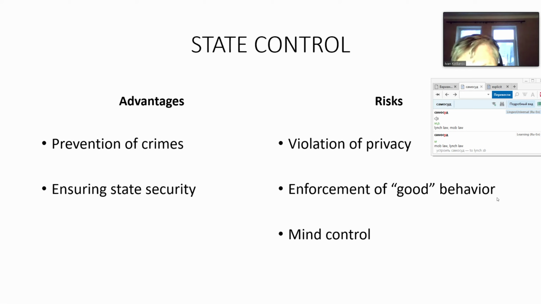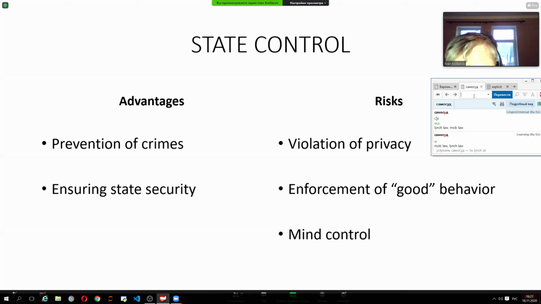The first of them is the violation of privacy. In case of traditional state control, it was not ubiquitous. Now, as the state can get access to all of our data, because all our data are explicitly or implicitly public, this information may be used for purposes we don't intend it to be used.